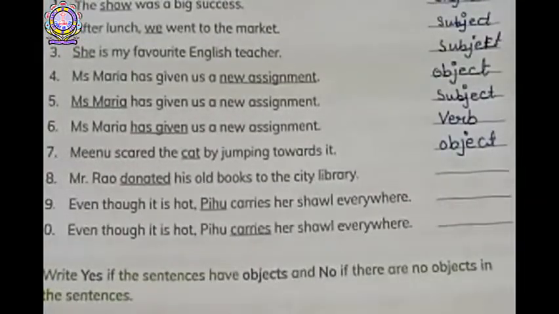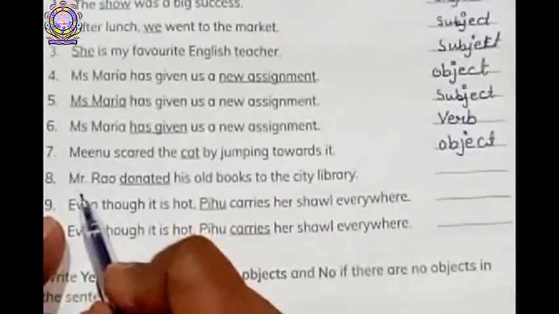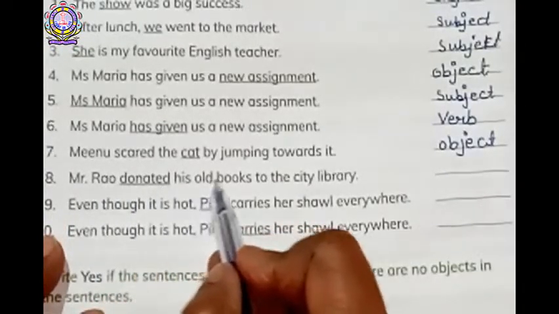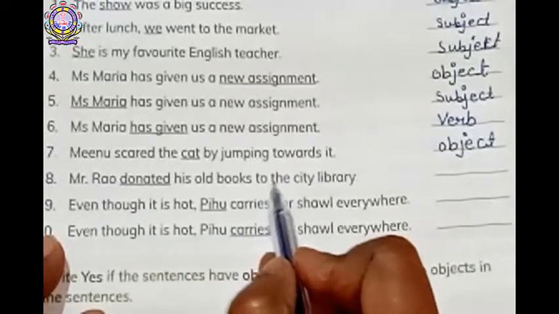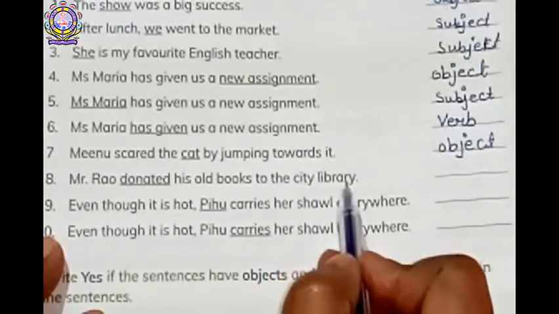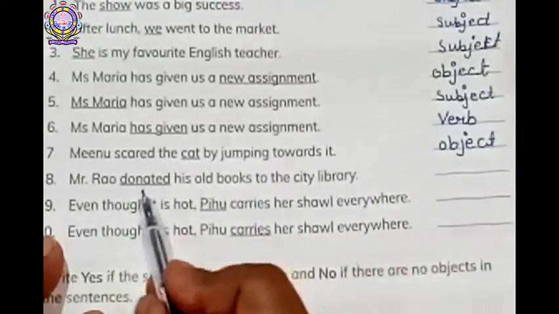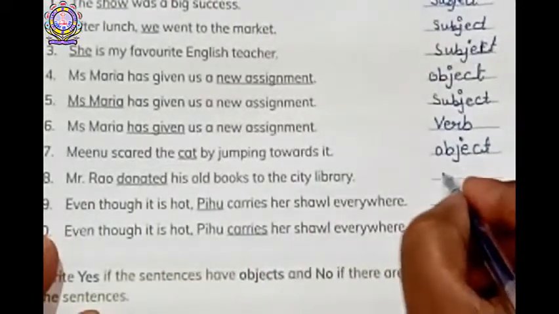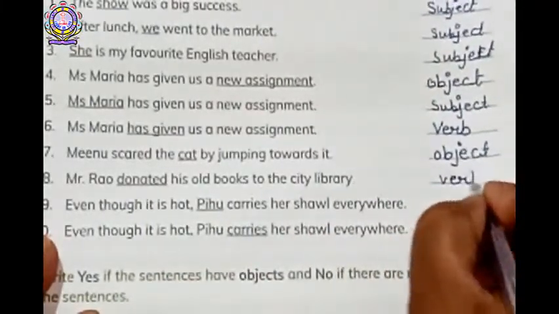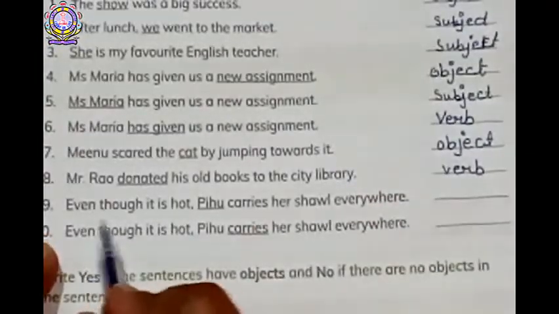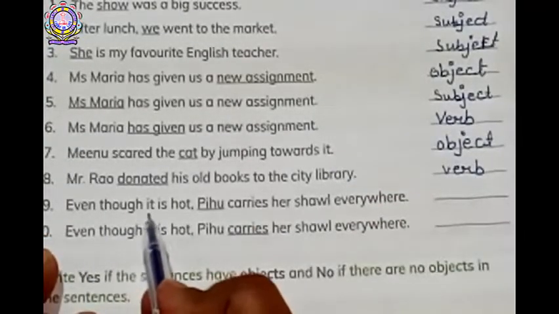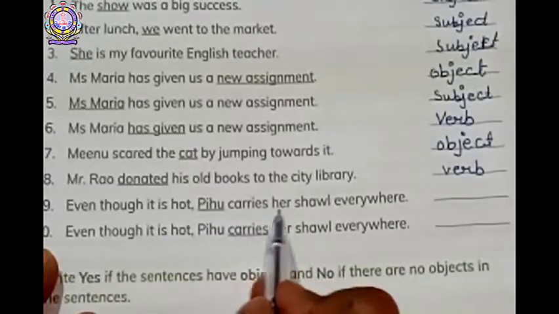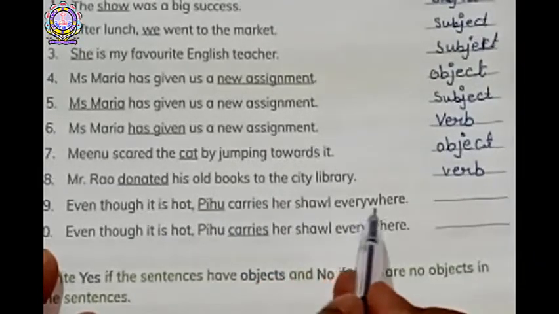Now, students, look. Eighth: Mr. Rao donated his old books to the city library. So, donated will be the verb. Next: Even though it is hot, Pihu carries her shawl everywhere.